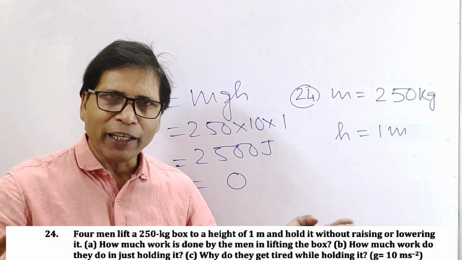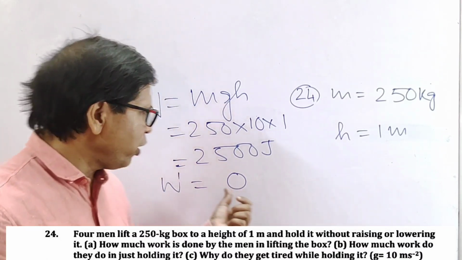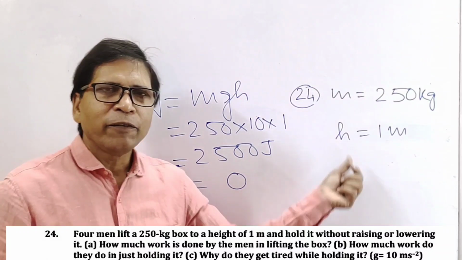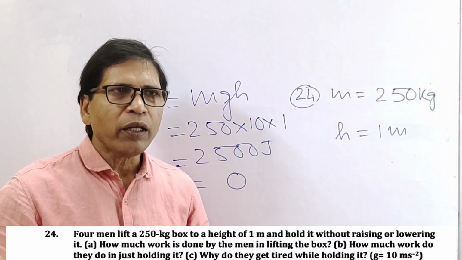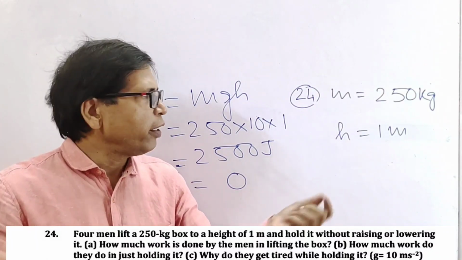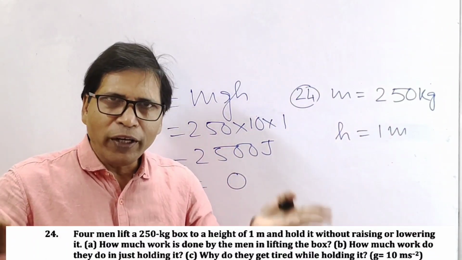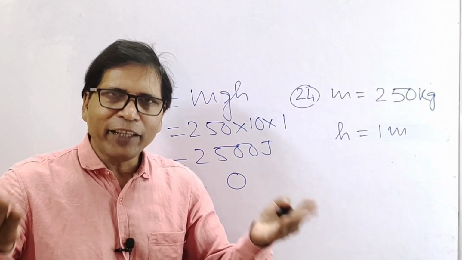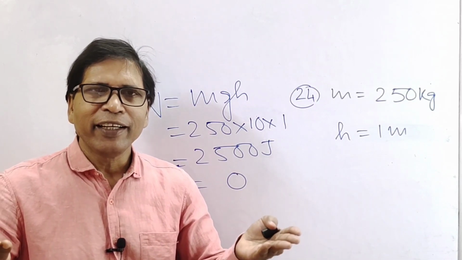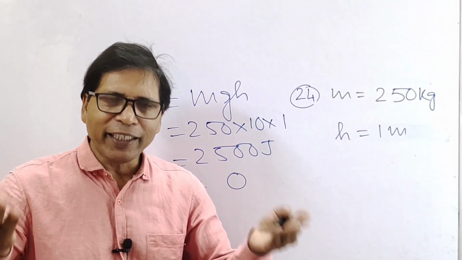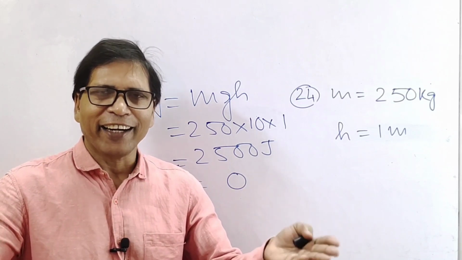Now, why does the person get tired in holding the load at this height? The person has to apply a force equal to the gravitational force on the load to hold it. So muscle strain occurs. Due to muscle strain they get tired.